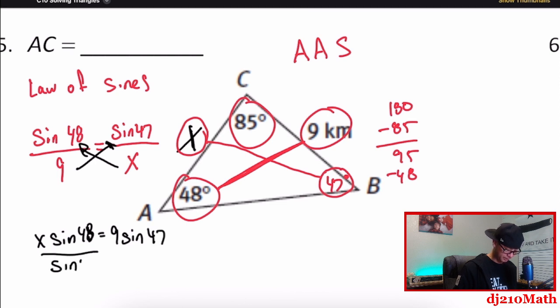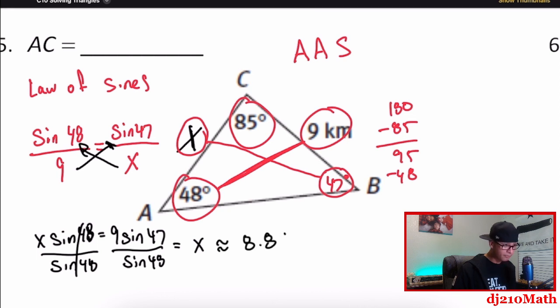Divide both sides by sine 48. We're going to get x is equal to 9 sine 47 over sine 48, which is approximately 8.857.